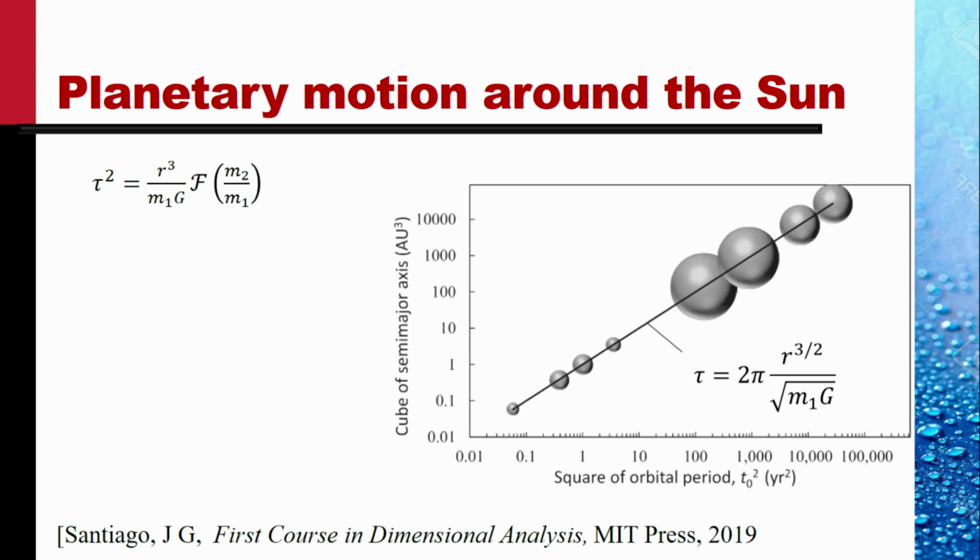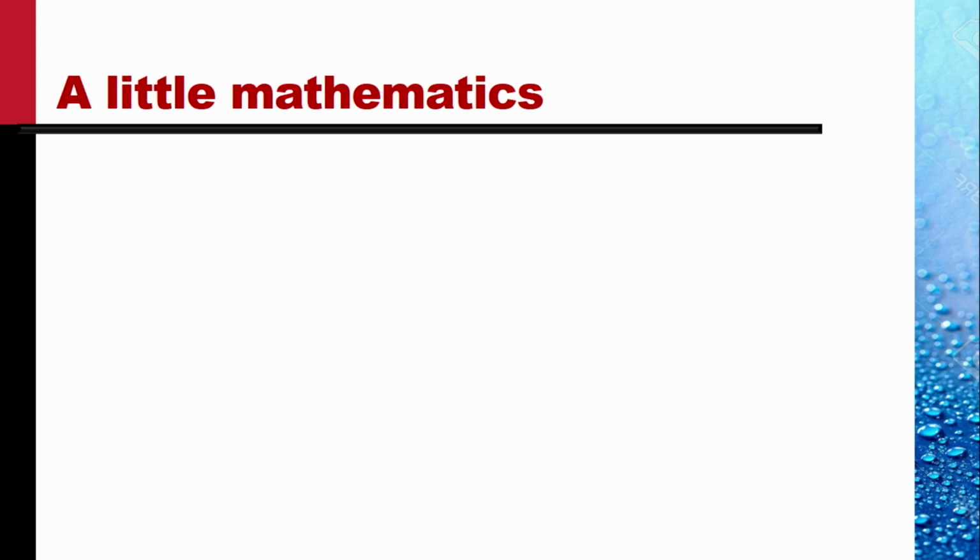Santiago has plotted the orbital time period, or the square of the orbital time period, tau square, against the cube of the semi-major axis in astronomical units for the solar system. The third one from the left is our Earth. So these are the planets of the solar system. They are on one line, as was expected, using the mass of the system.